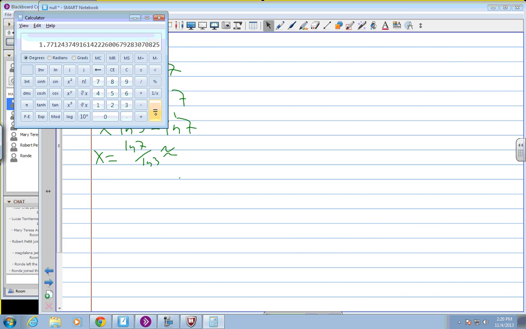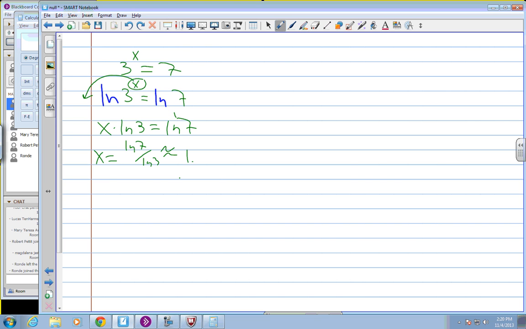So 1.77-ish, right? Yeah, that's using the power rule. Now, if you notice, this expression in a logarithmic form would be log base 3 of 7 equals x, right?